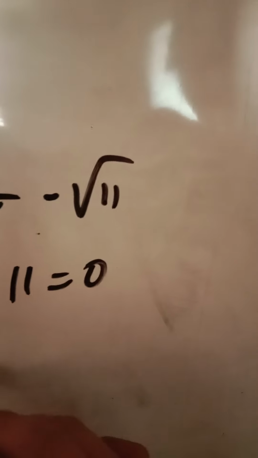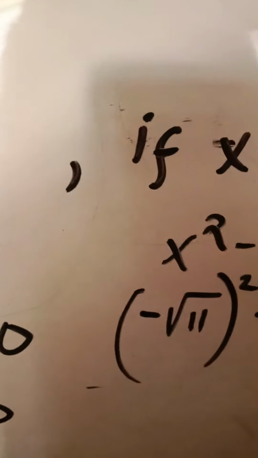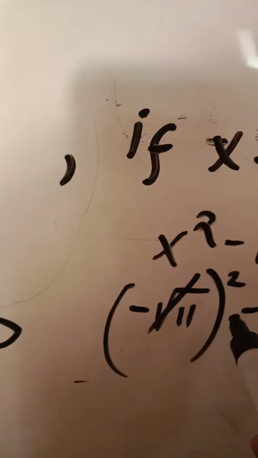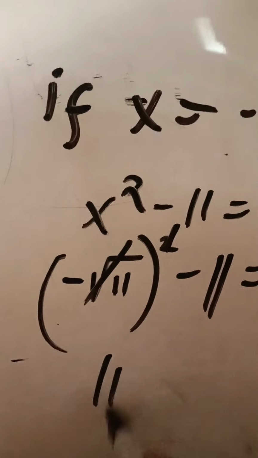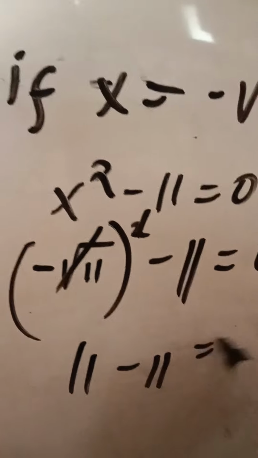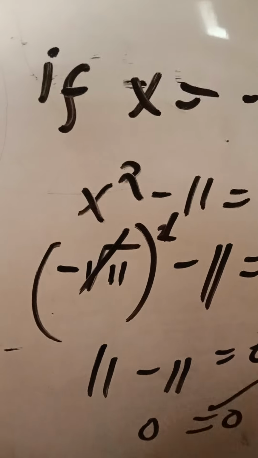Negative square root of 11 squared minus 11 is 11, since negative times negative is positive. Then cancel the square root and the power, and what remains is 11 minus 11 is equal to 0. 11 minus 11 is 0, equal to 0.